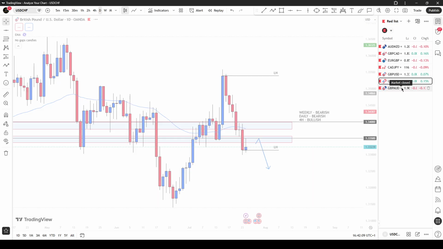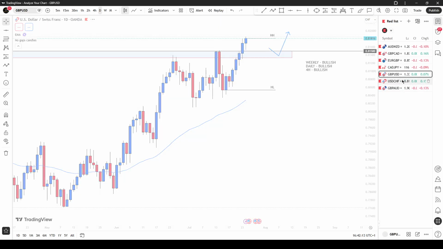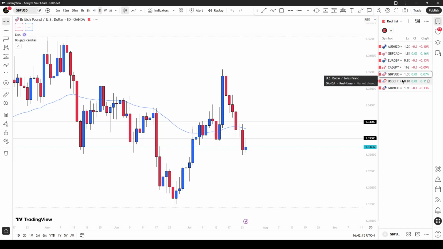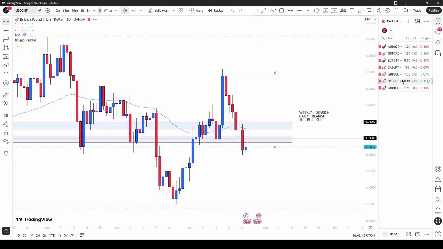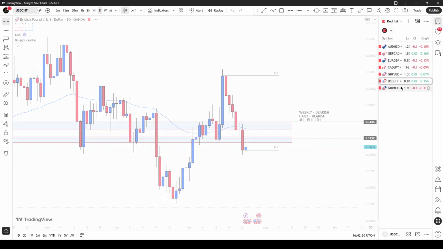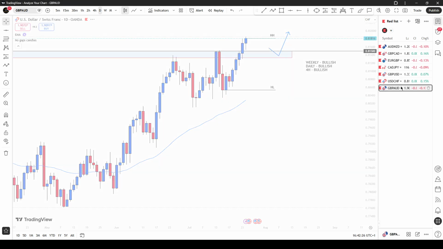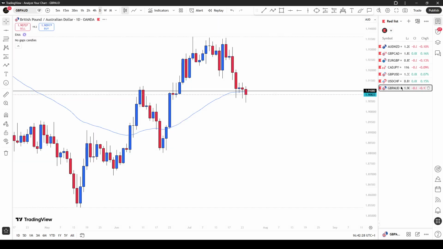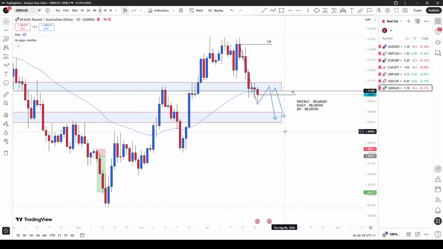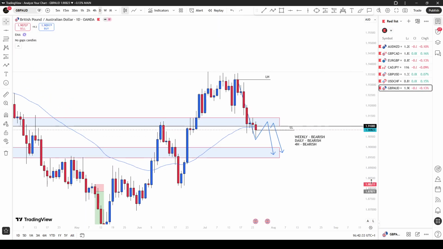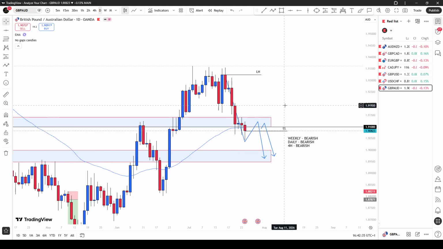Pullback to sell, sorry. This one is pullback to sell. Pullback to sell also. Pullback to buy. Then last but not the least, pullback to sell. So that is that on my weekly forecast.